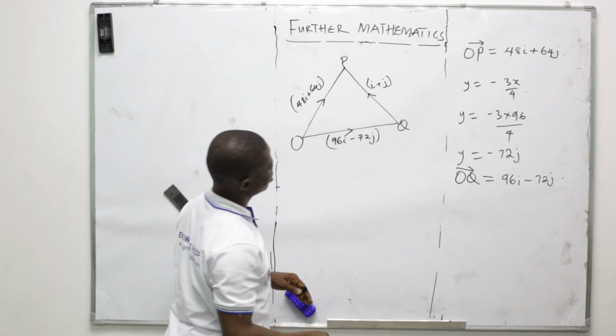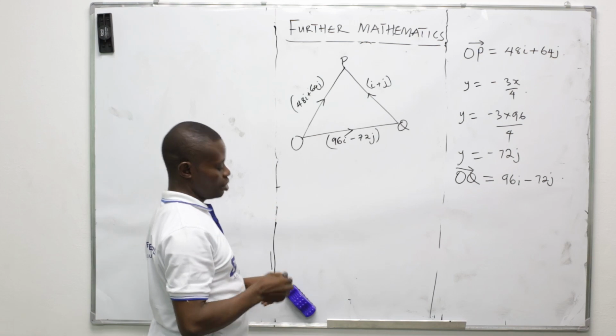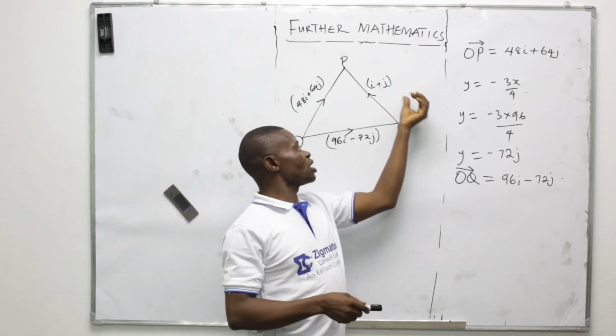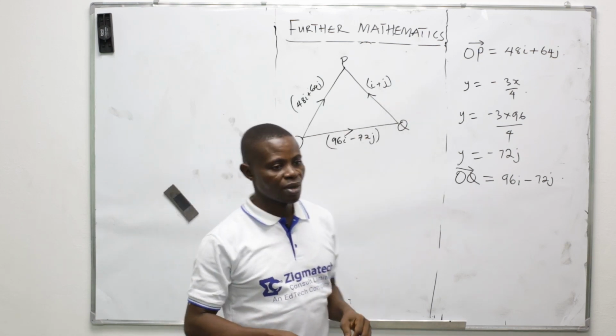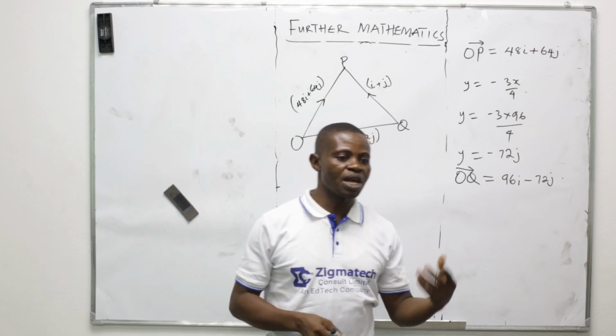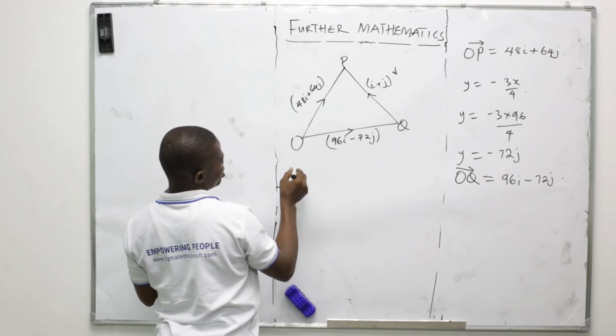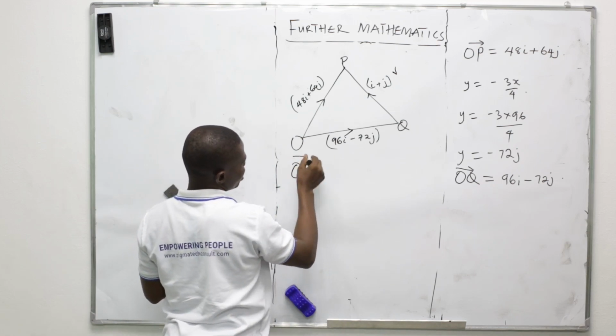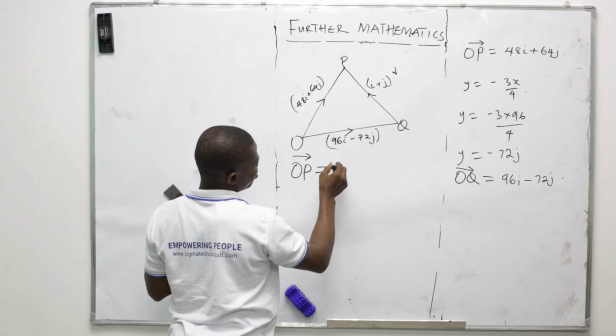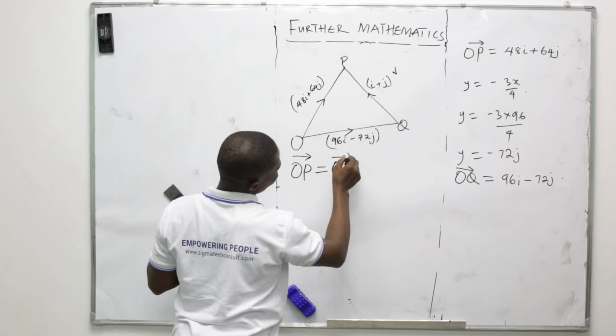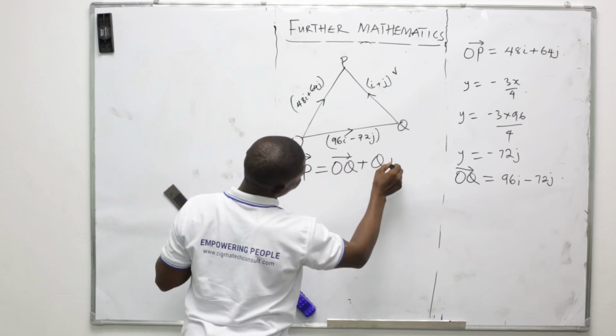We don't know the side PQ. We need to look for that side. But following this arrow, what I have here is QP. But following the question, we'll have PQ, meaning this arrow must change. So original formula, looking at this diagram, OP equals OQ plus QP.